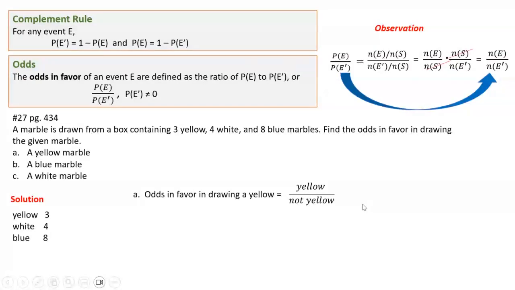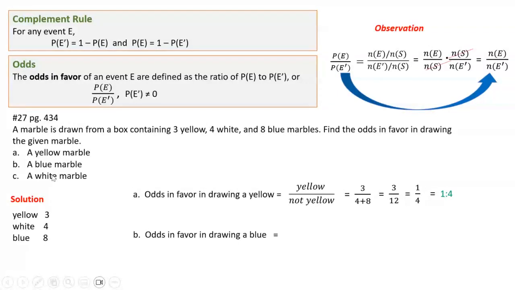How many are yellow? 3. How many are not yellow? 12, because the white and the blue are not yellow. So it'll be 1 over 4, but the notation for odds in favor is 1 colon 4. This is what they want.